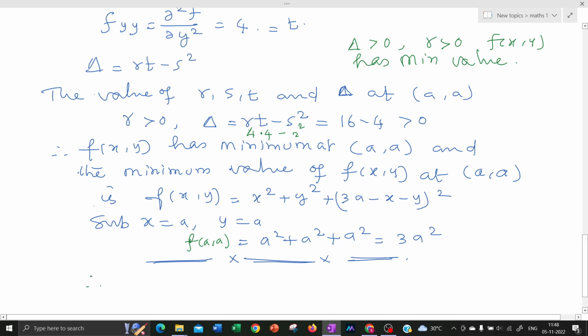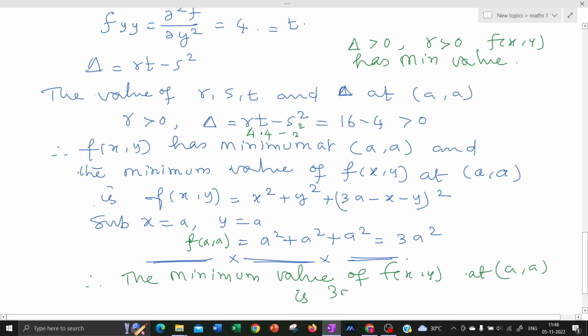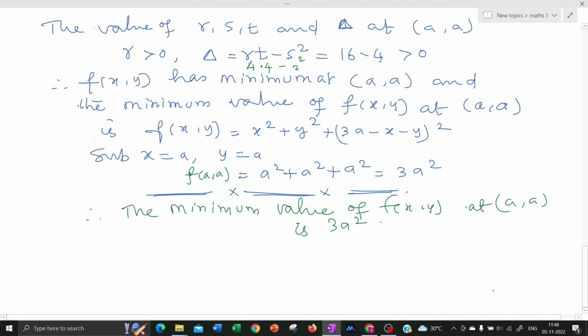So therefore the minimum value of f of x comma y at a comma a is 3a square, which is the answer for this problem.